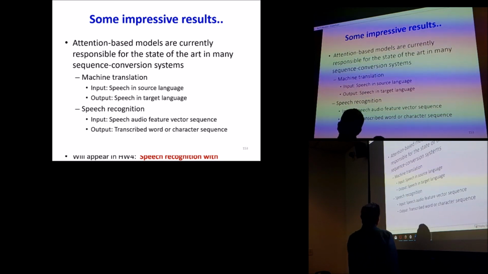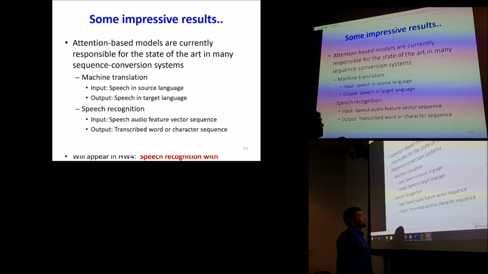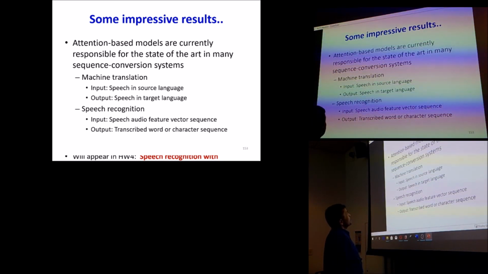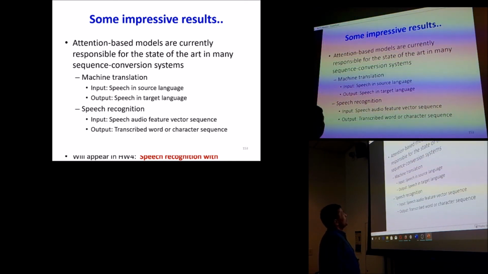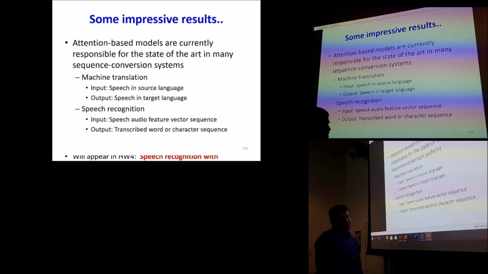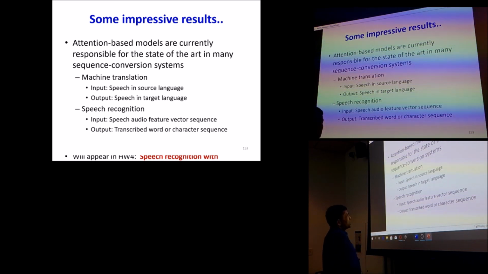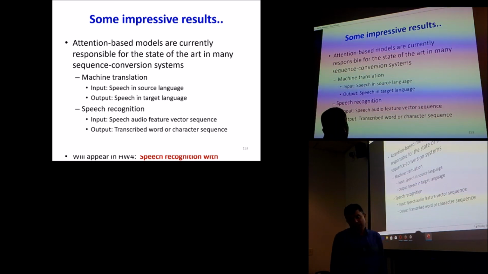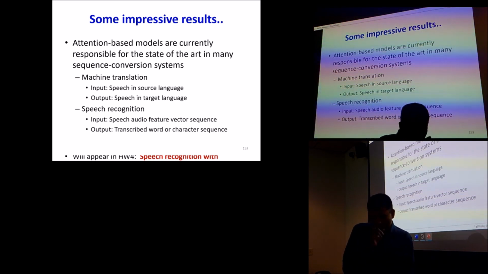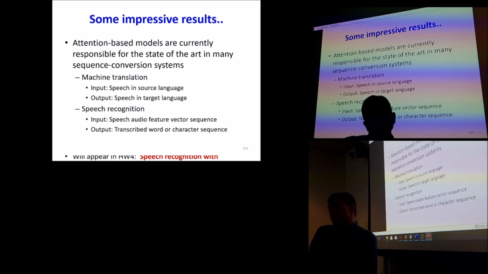Now this entire sequence-to-sequence model, as we just saw, has had some very impressive results. Attention-based models are currently responsible for the state-of-the-art in pretty much any sequence conversion system, like machine translation, speech recognition, dialogue systems, or natural language processing, you name it.